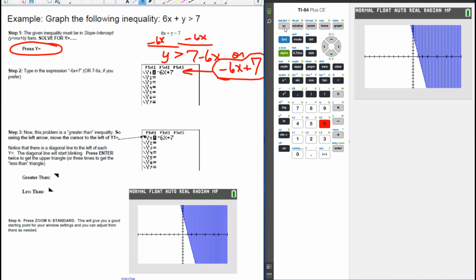Now, one thing that the calculator does not do, the calculator does not show us what kind of edge. So if you have just the less than or the greater than, it's a dotted or a dashed edge. If you've got or equal to, you've got the solid edge.